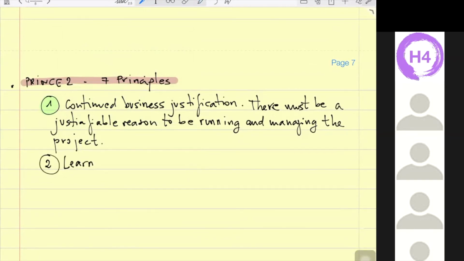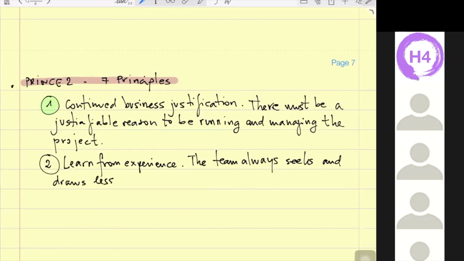Second principle, learn from experience. The team always seeks and draws lessons learned from previous work.